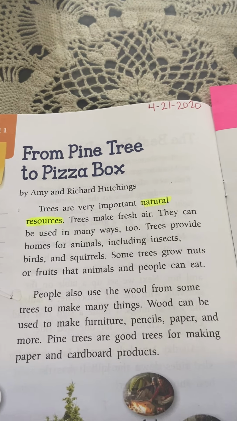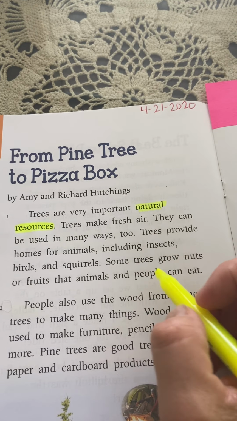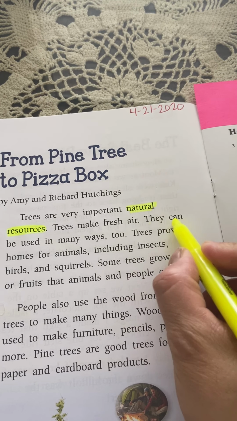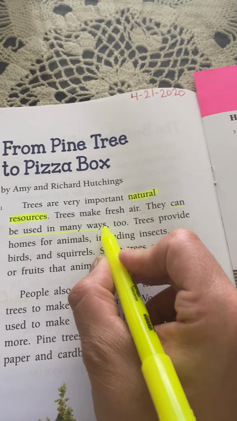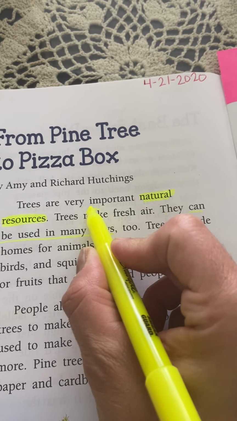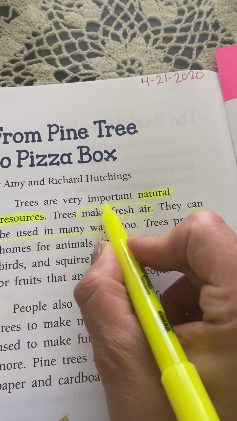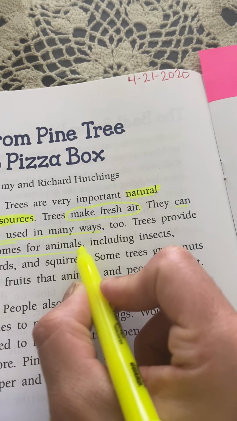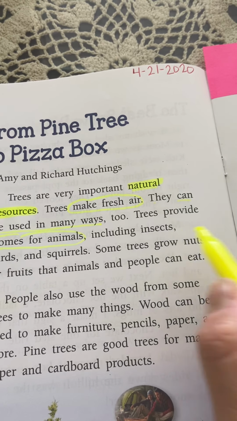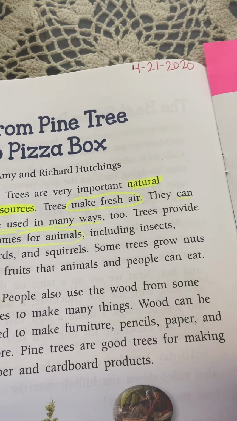So right here, boys and girls, I learned one thing, that trees can be used in many ways, okay? Aside from making fresh air, they provide homes for animals, okay, including insects, birds, and squirrels. Okay?